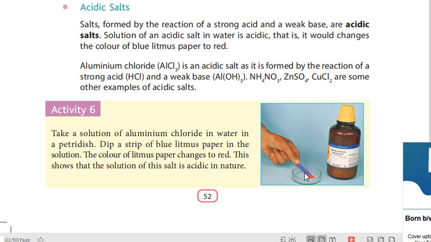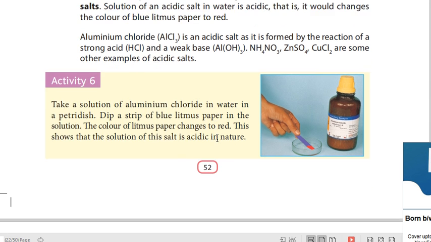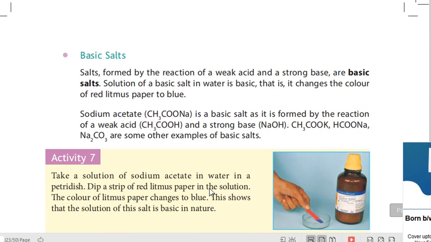We'll find that the blue litmus changes into red color. So this shows that the given sample of salt is acidic in nature. Okay.